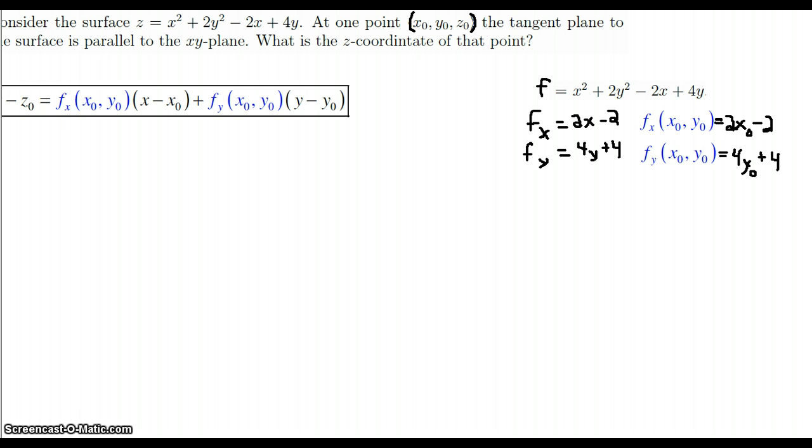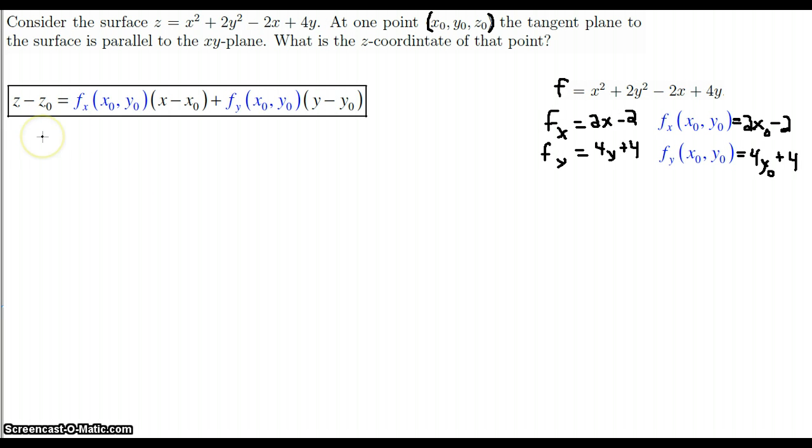Now, the normal vector to the tangent plane is going to be exactly the vector f sub x at x naught y naught, f sub y at x naught y naught, and negative 1.